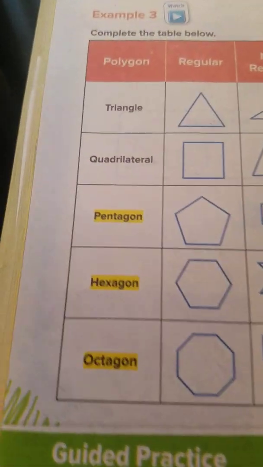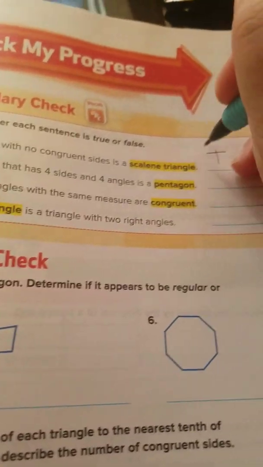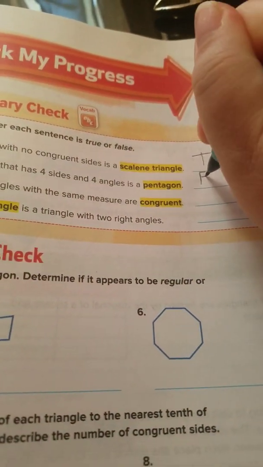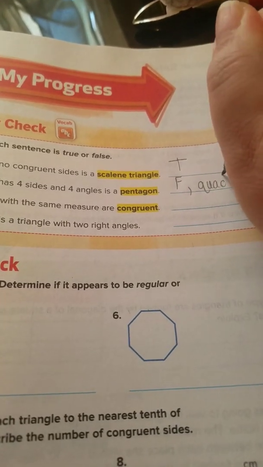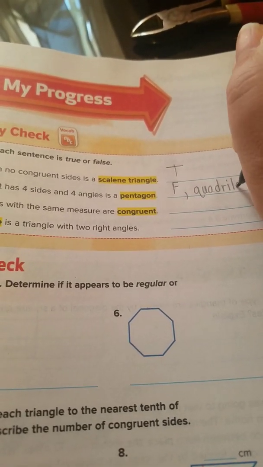A pentagon, look, there's pentagon. It says 5. So that's false. Let's look and see. What has 4? Well, there's 4. A quadrilateral. So this is false. We're going to make an F there. And after it, we're going to write down quadrilateral.